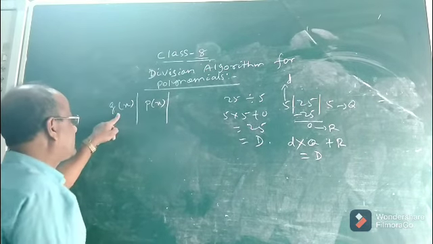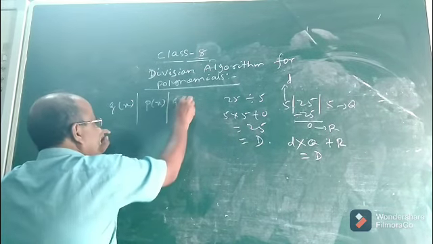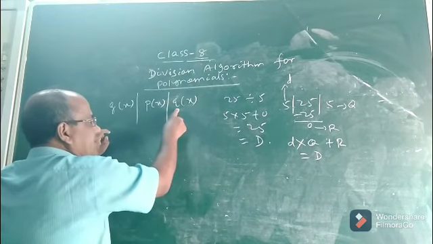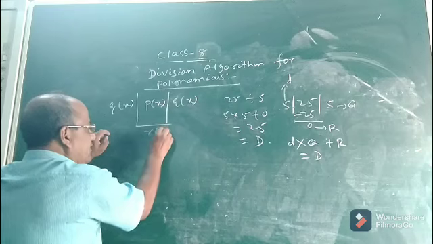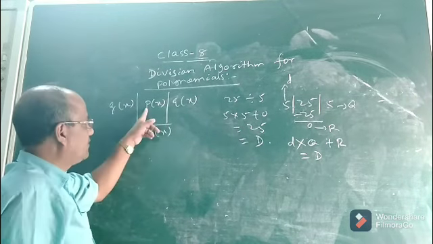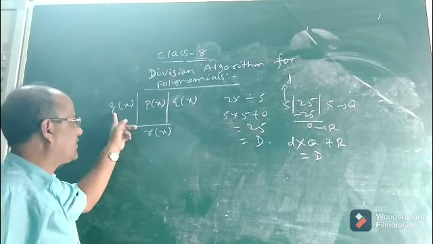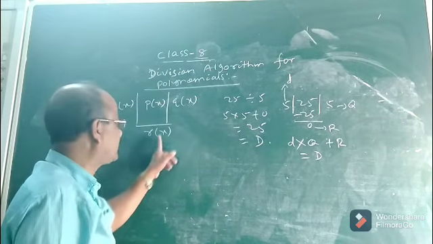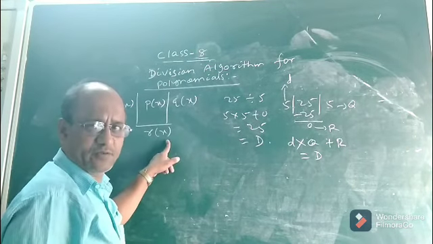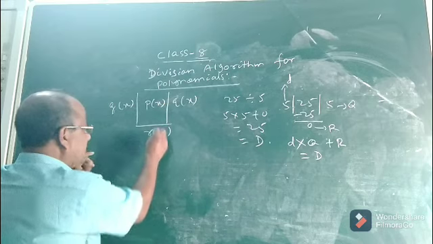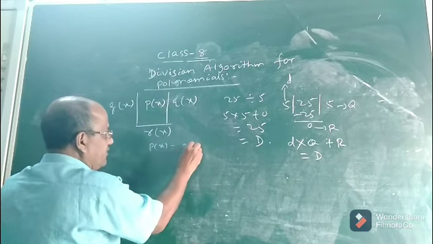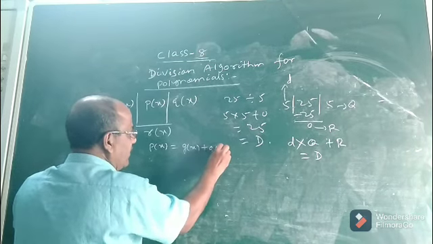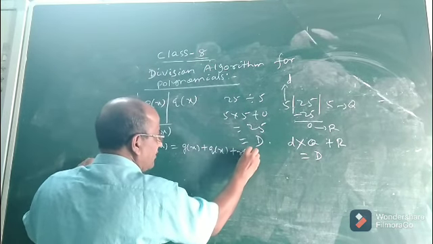On dividing p of x by g of x, suppose we get the quotient q of x and the remainder r of x. Then by the division algorithm, p of x will be equal to g of x into q of x plus r of x.